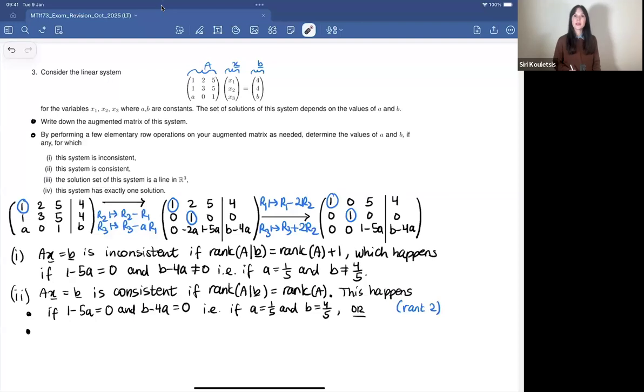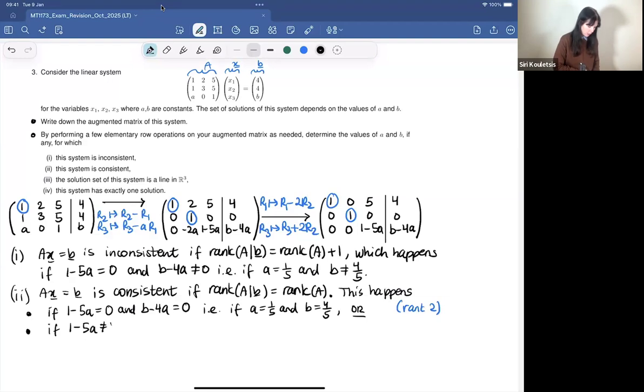And the other possibility then is that A is such here that we get another leading 1 here, which means that in the most general terms, a common mistake would be to only state a subcase, which is to say that 1 minus 5A has to equal 1.